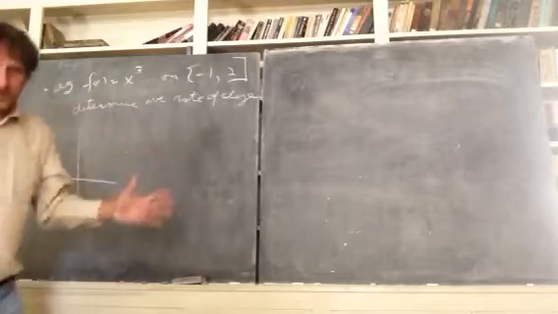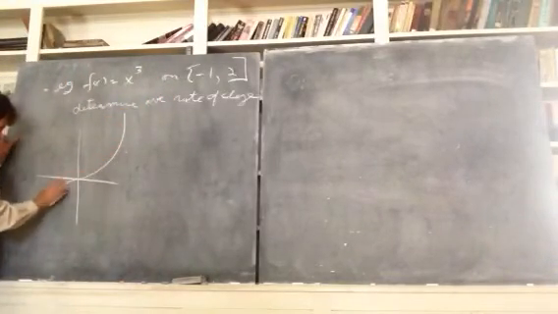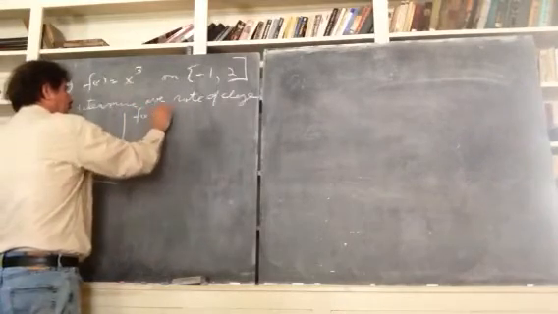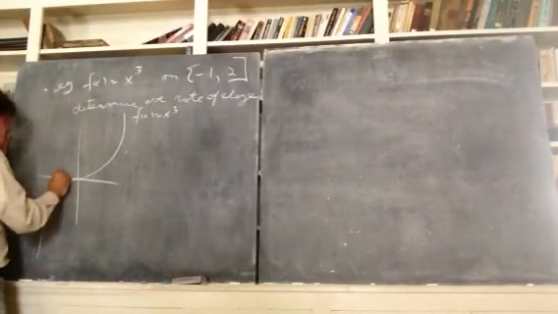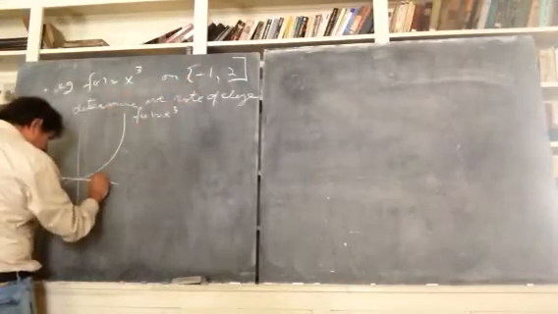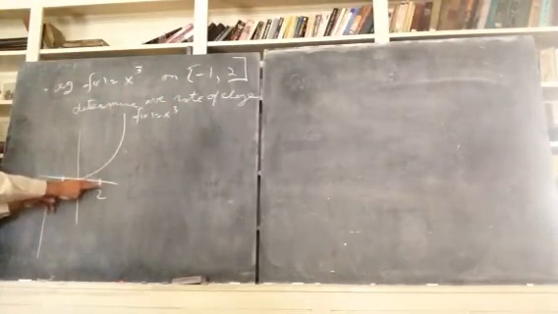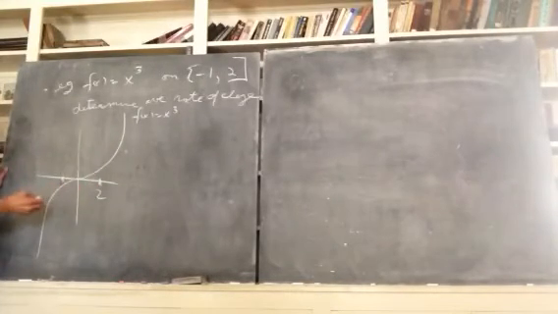You don't need the picture, but this is a toolkit function, f of x equals x cubed. It starts at -1 and goes to 2. We want to figure out how much this function is changing on average.